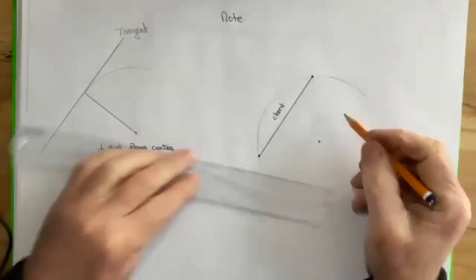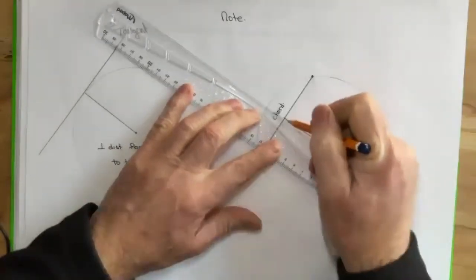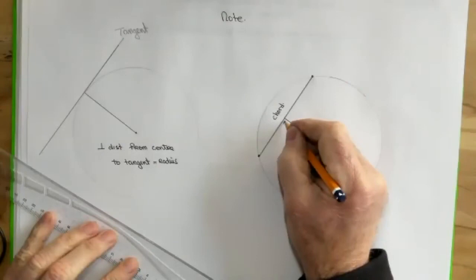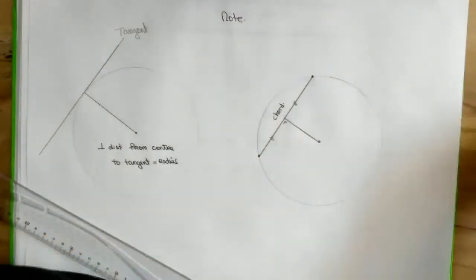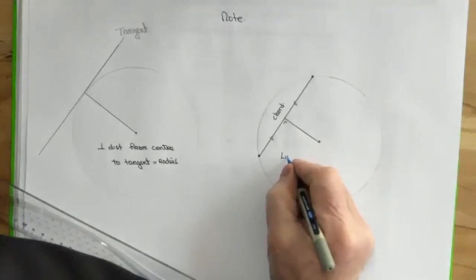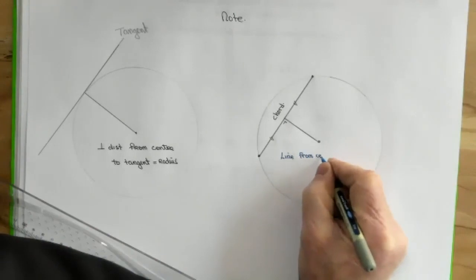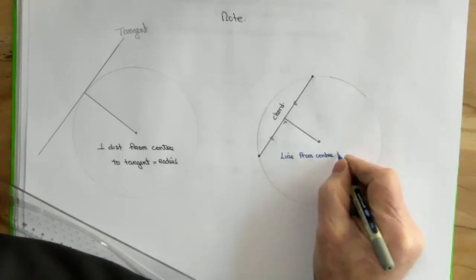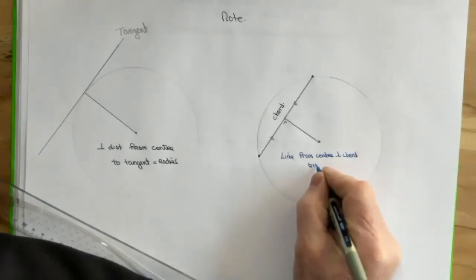And if I draw a line from the center perpendicular to the chord, it cuts the chord in half. So that's the theorem. A line from the center perpendicular to the chord bisects it.